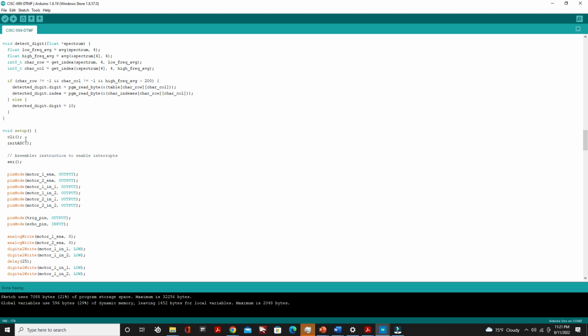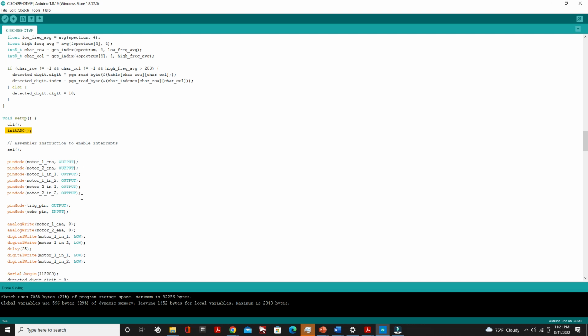And in this setup function, we init the COM port and we init the A to D conversion, and this is the assembler instruction to enable all the interrupts in the Arduino. This part sets the direction of each pin, whether it's input or output.